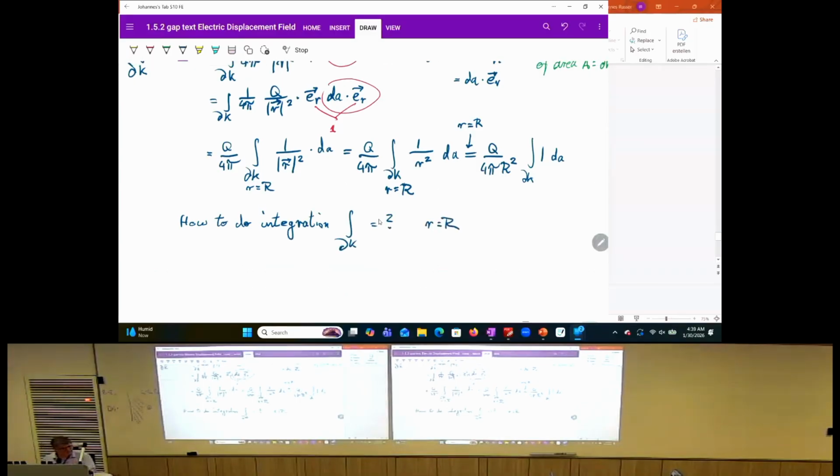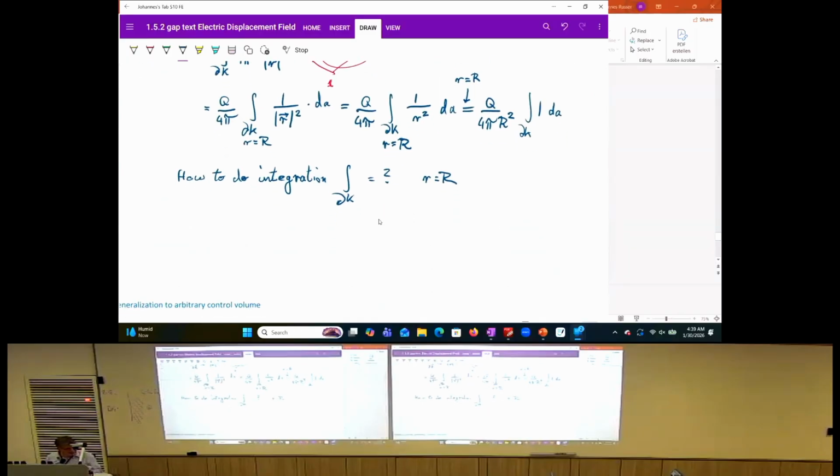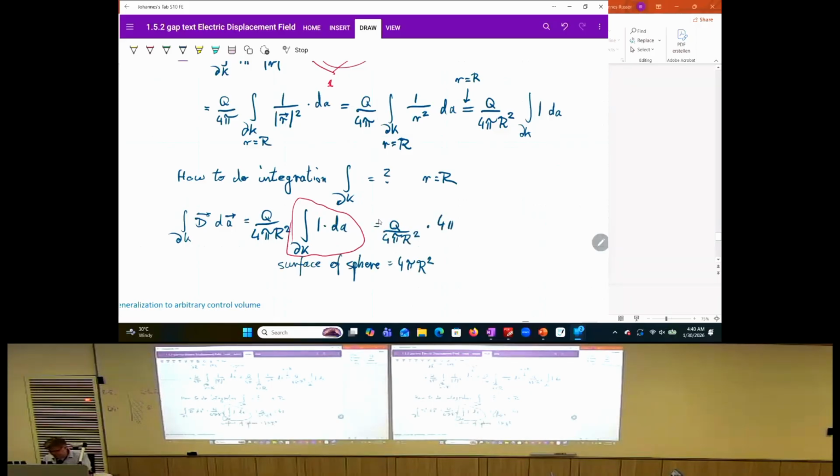There's R, capital R. In this particular case it's quite simple, because we know the result: it's just the surface of a sphere, and this is 4 pi r squared. But we will look at the more general case, how you really deal with this integration. So this here is just the surface of a sphere, and the surface of the sphere is 4 pi r squared.